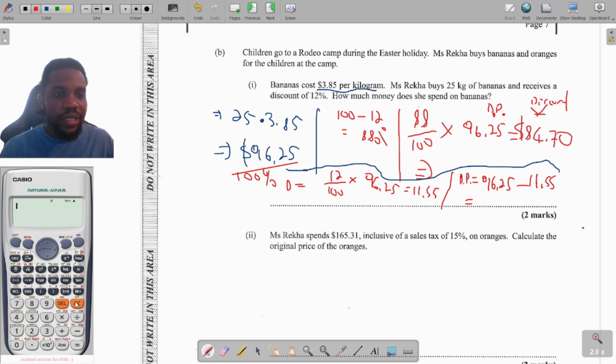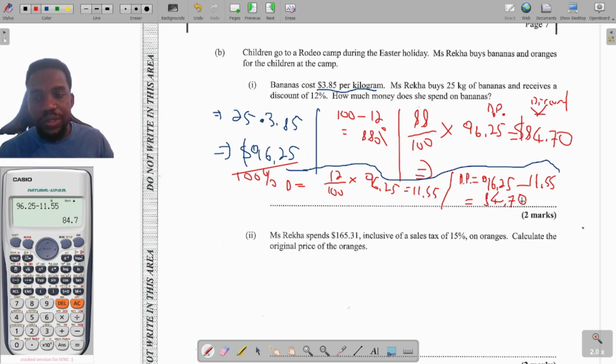So we're going to clear all of this, and we're going to say $96.25, and I'm going to subtract $11.55. And there we go. We get $84.70. You have two options. You can choose the easier way. All right, let's take this down.